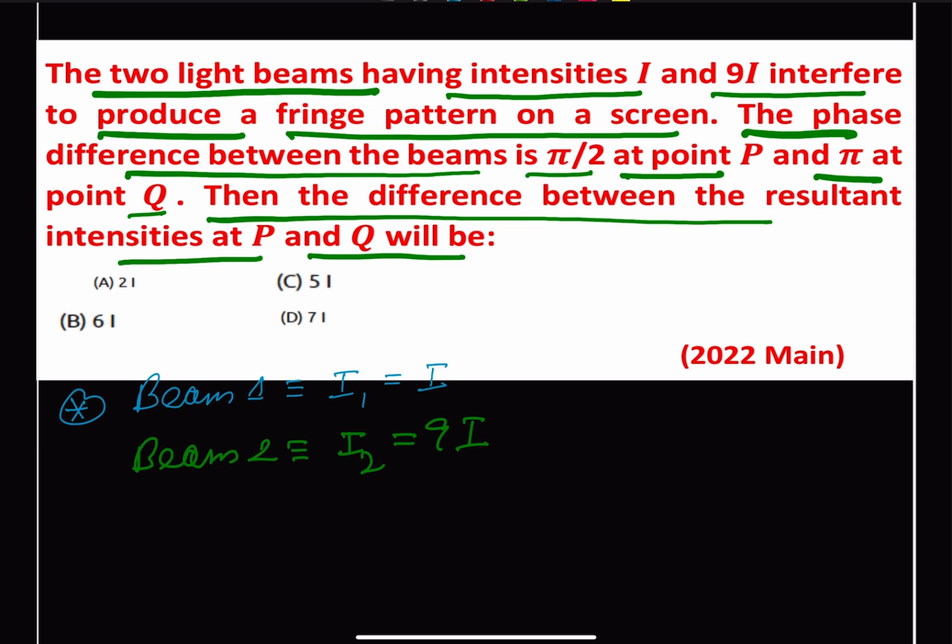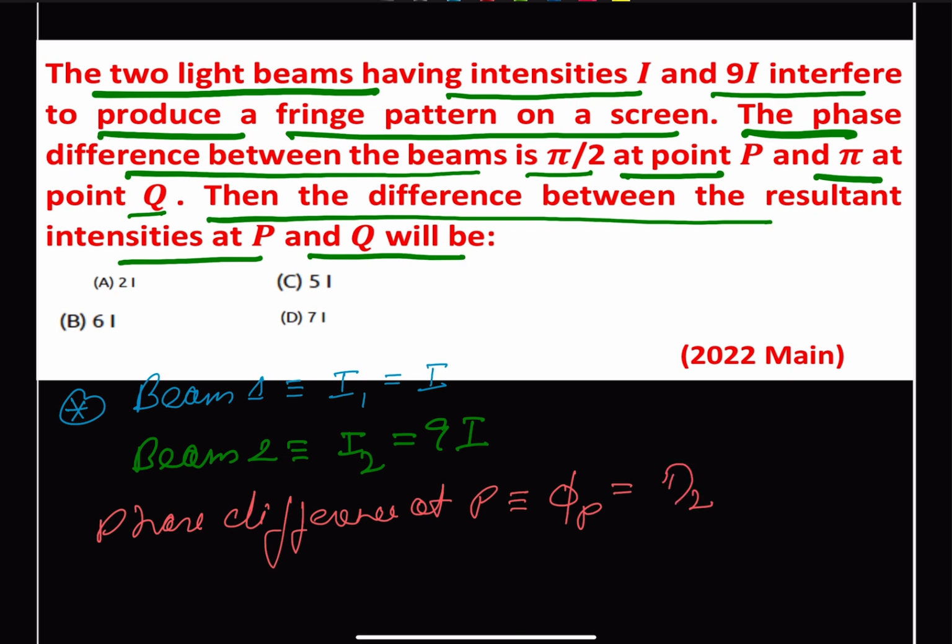So you can say the phase difference at P, let us call that phi of P, is equal to pi by 2, and we have phase difference at Q, let us call that phi of Q, that is equal to pi.